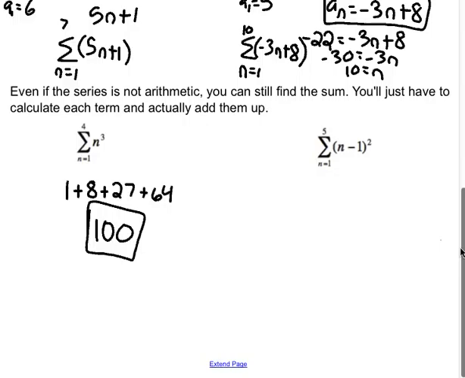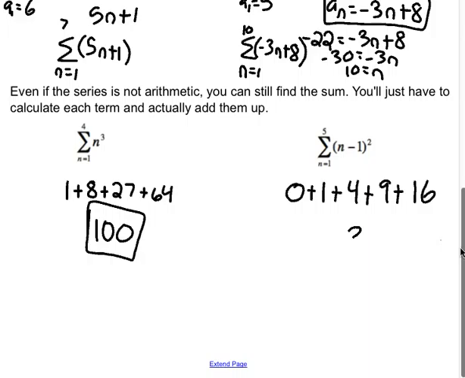So I plug in 1, so 0 squared is 0. I plug in 2, so 1 squared is 1. Plug in 3, so 2 squared is 4. Plug in 4, so 3 squared is 9. Plug in 5, so 4 squared is 16.